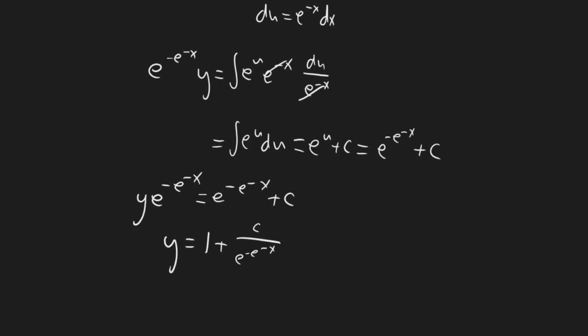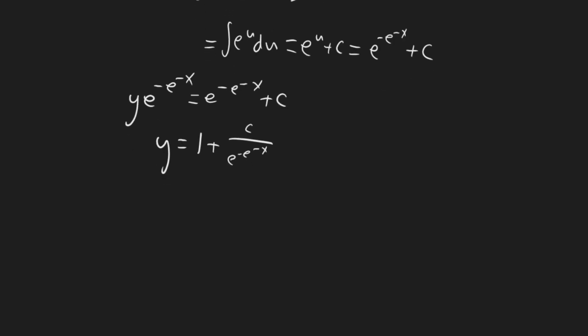And so this is an acceptable final answer, but we can rewrite it. Just remember that 1 over e to anything equals e to the negative of that something.